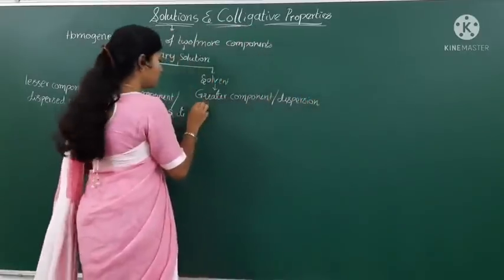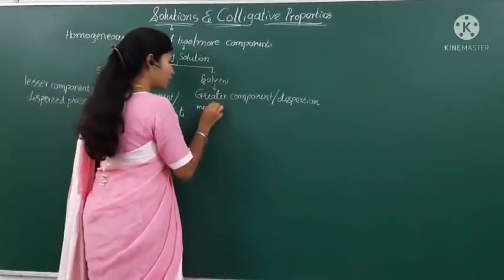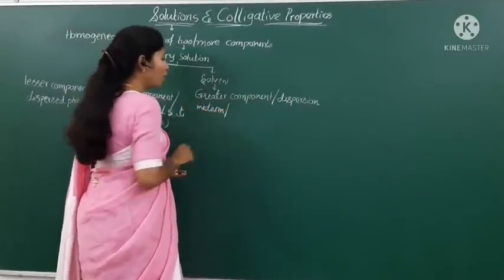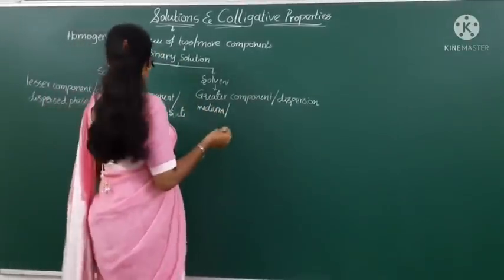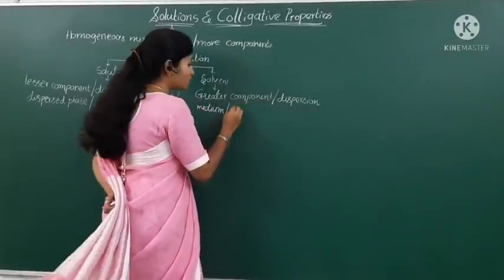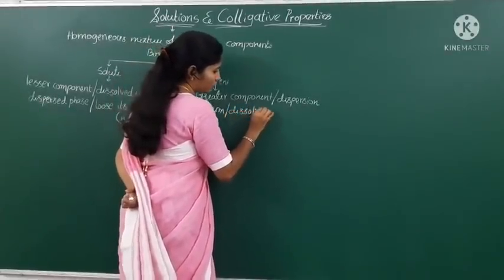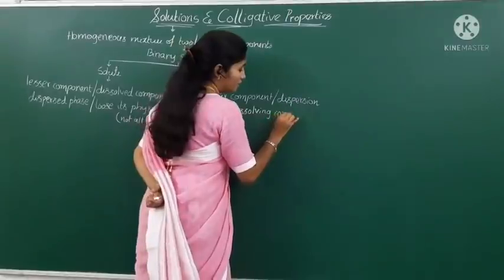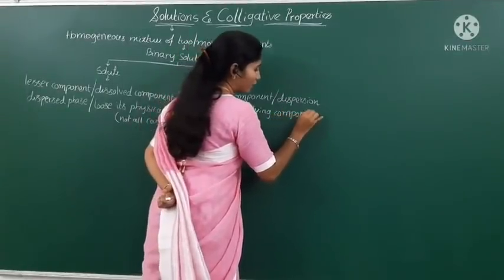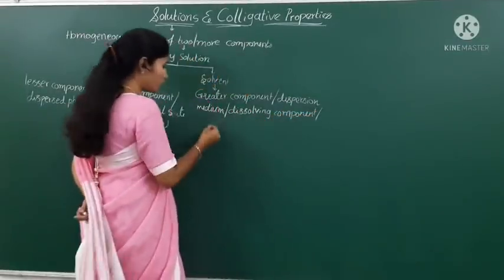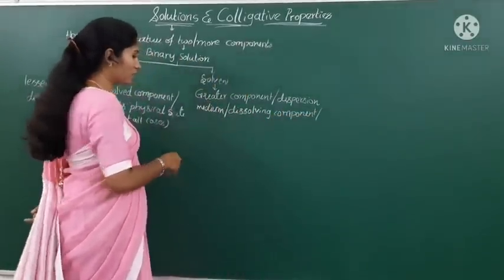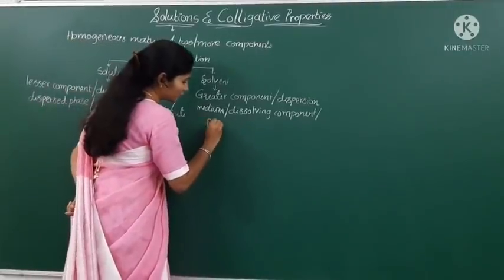The dispersion medium can also be called a solvent, or the dissolving component, or the substance which can retain its physical state.